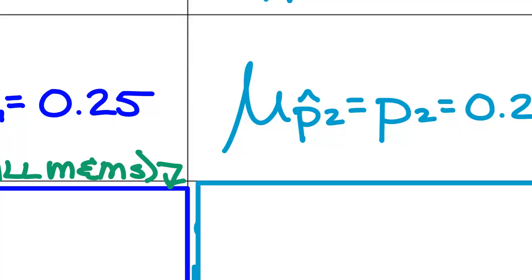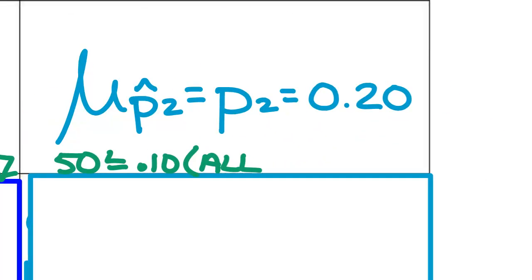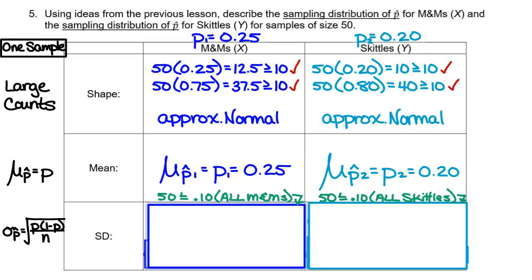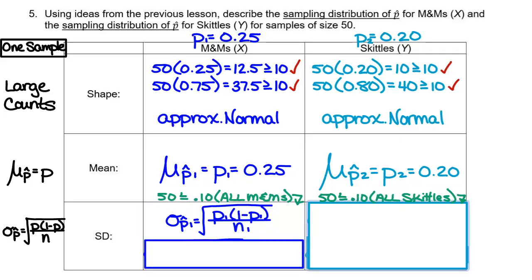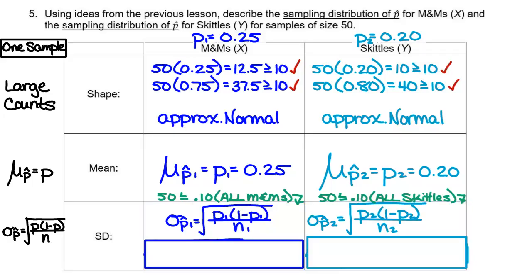Same thing, 50 is less than or equal to 10% of all Skittles. All right, so I want you to calculate the standard deviation for both of these.